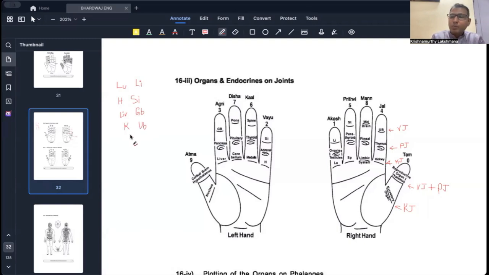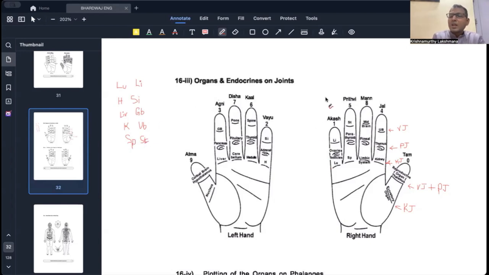And then your spleen and stomach. These are the paired organs, right? So the paired organs of the TCM are first plotted.